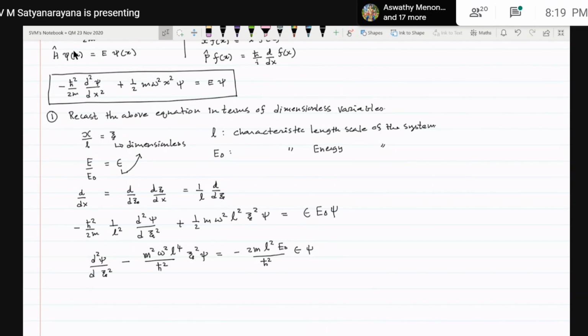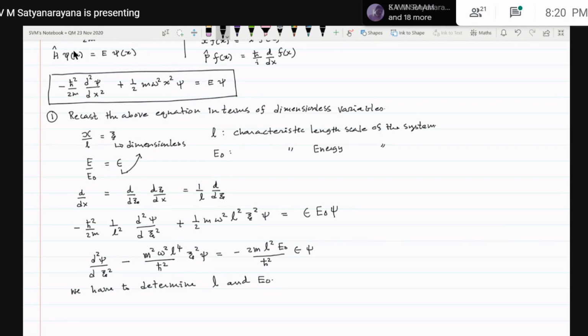Now, once you have an equation like this, we remember that L and E naught have to be determined. How do you determine this L and E naught? You can determine them in the following way.